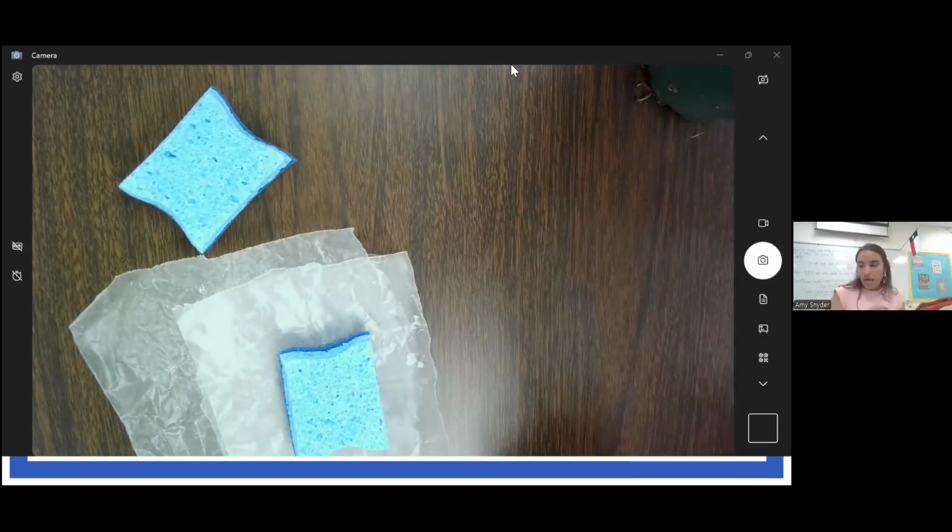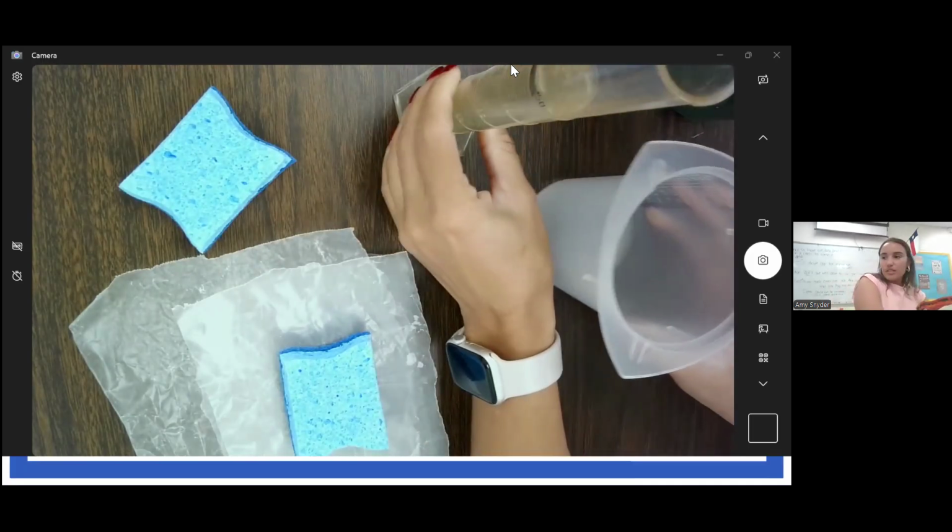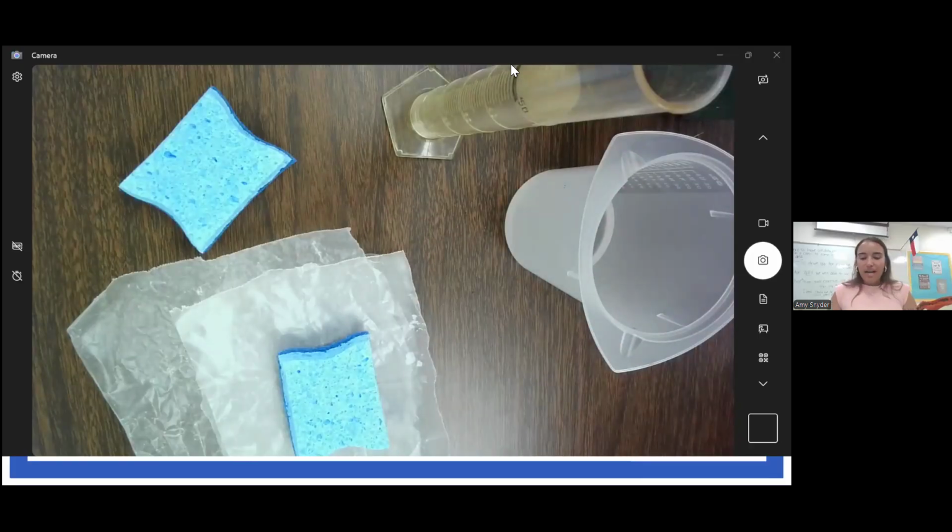And then you will need 2 graduated cylinders, or I used a beaker, just whatever you have available, 2 graduated cylinders or beakers of 50 milliliters of water. So those are the materials that you need for the waxy coverings elaborate.